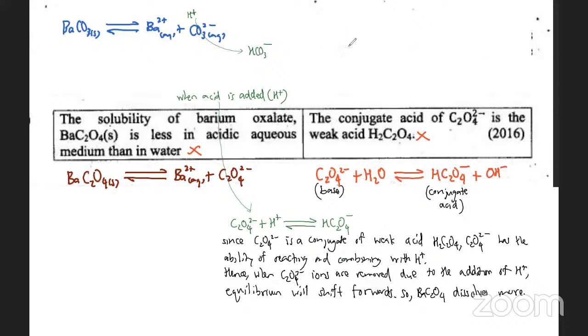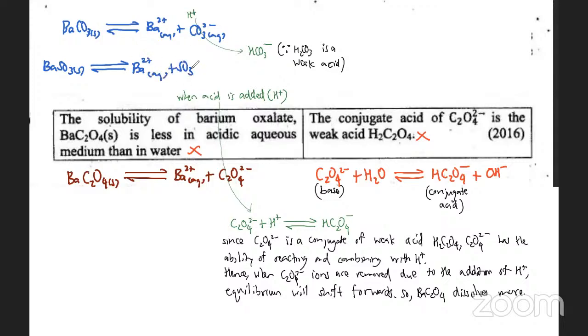Why does this happen? Because H2CO3 is a weak acid. That's why it happens. And another example which we regularly use in inorganic is barium sulfite, BaSO3 solid. That also will create an equilibrium like this in its saturated solution.